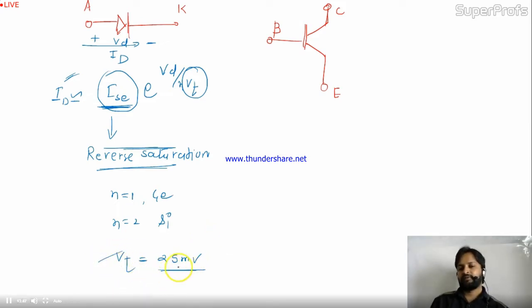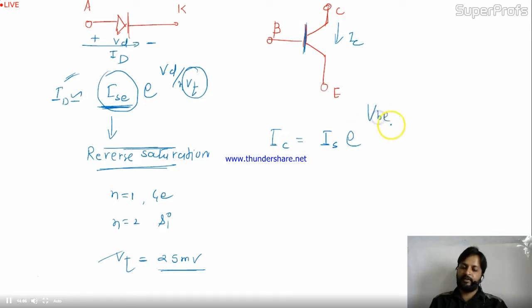So this is the equation for the diode circuit. If we talk about the transistor circuit, here the current is IC, and IC will be I saturation multiplied by e to the power VBE divided by Vt, where VBE is this one.